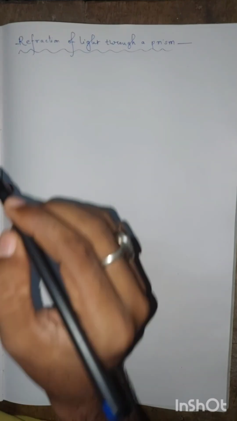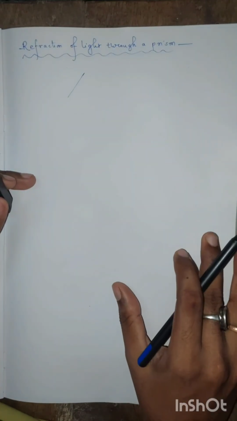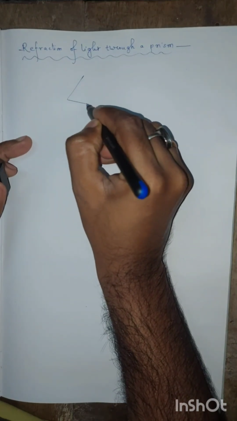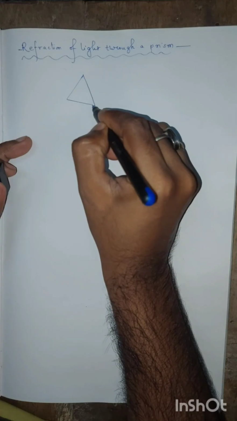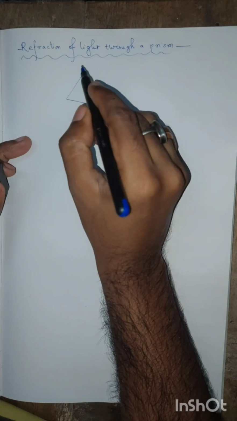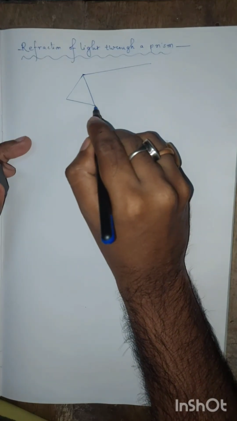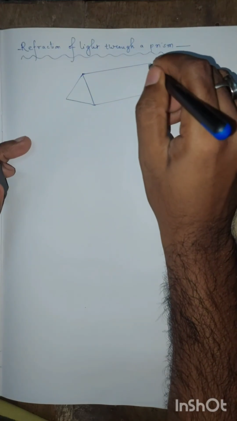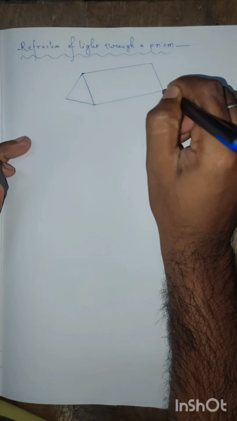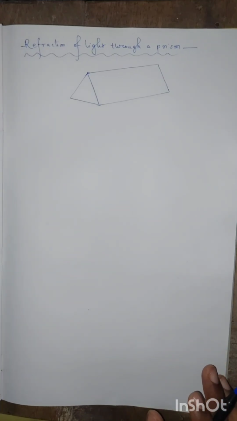So let us first draw a triangular prism. This is how it looks.